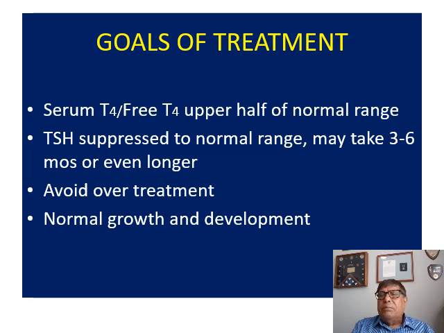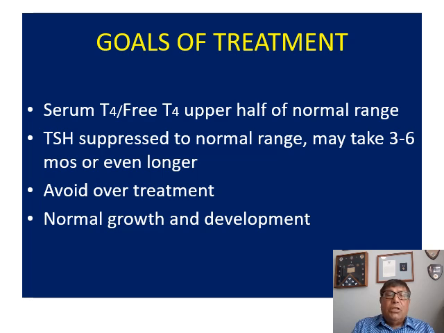So the goal of the treatment is to keep the serum T4 and free T4 in the upper half of the normal range, and TSH suppressed to the normal range.